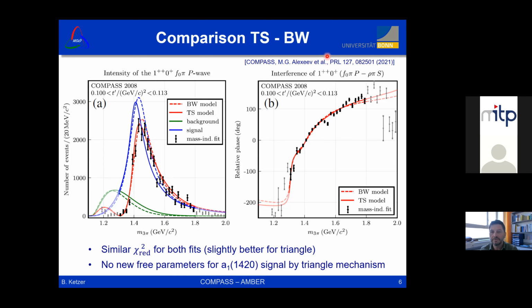We recently published a paper where we fit the signal with a triangle amplitude, and we actually find that the triangle fits slightly better than a simple Breit-Wigner, and it has the advantage that there are no free parameters for this signal. So we conclude that the a1(1420) is actually not a new q-qbar resonance, but it is likely to be caused by a triangle from the a1(1260) and rescattering into f0 pi.